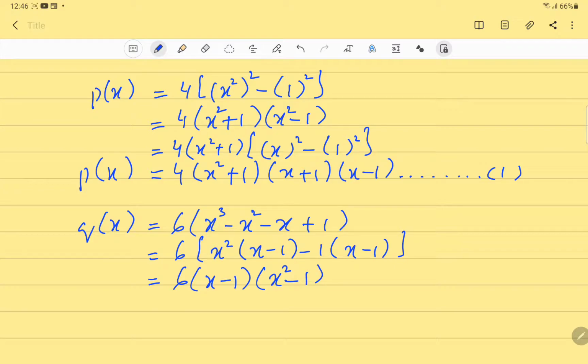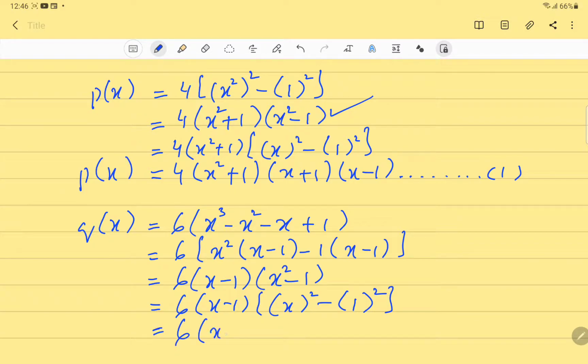This x squared minus 1, again we will factorize the way we did before: 6 into x minus 1 into x minus 1 into x plus 1, and this is our second expression.